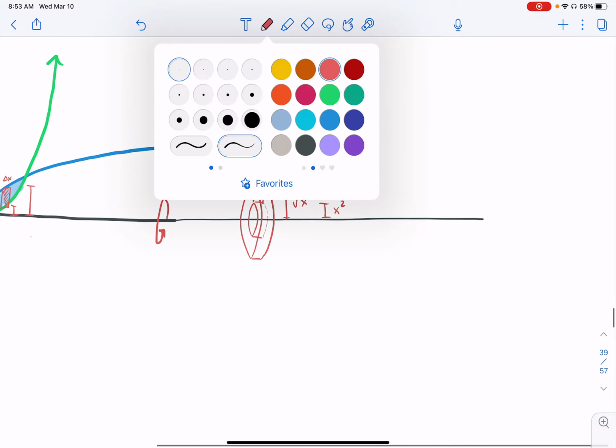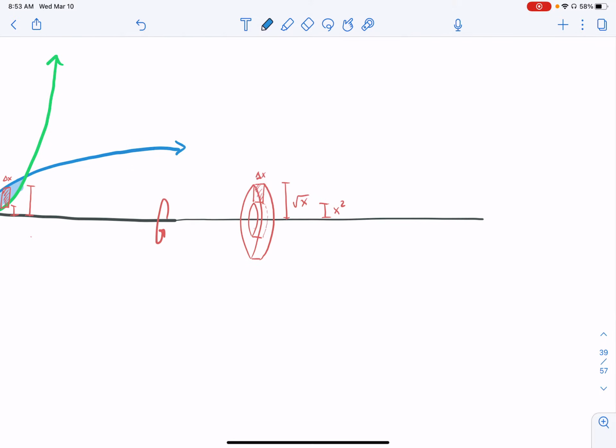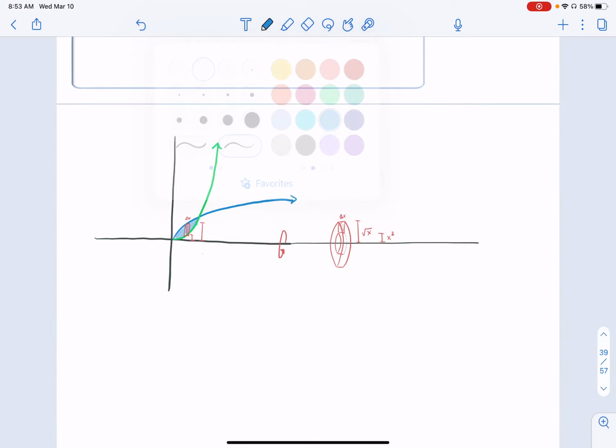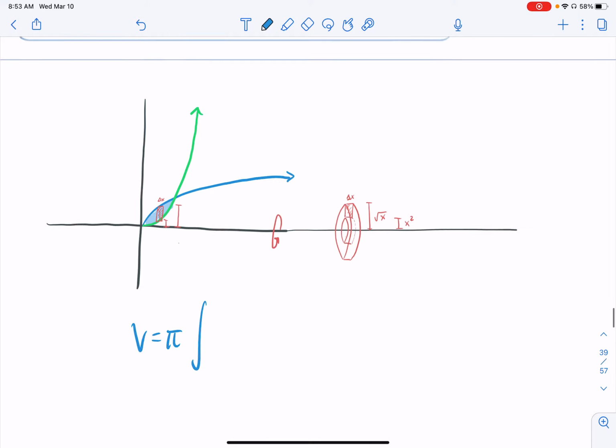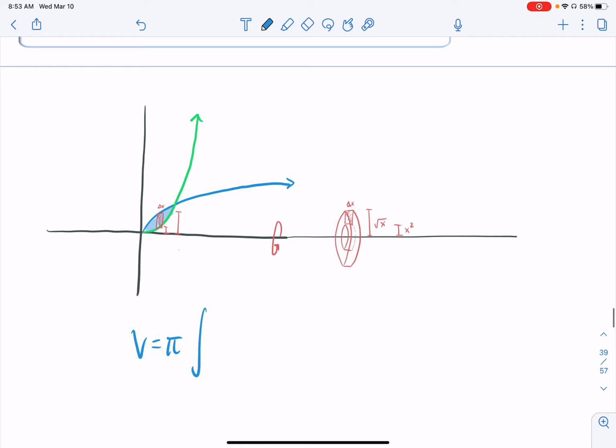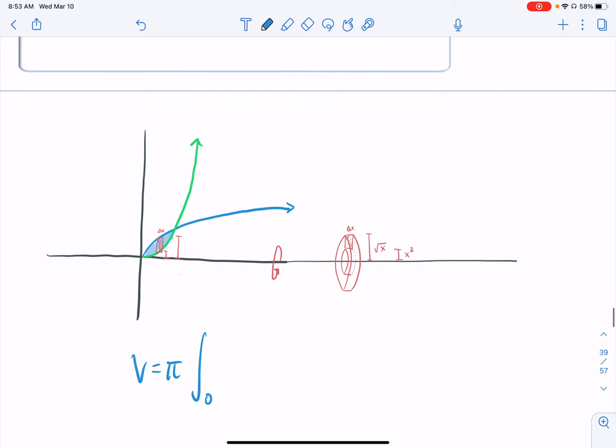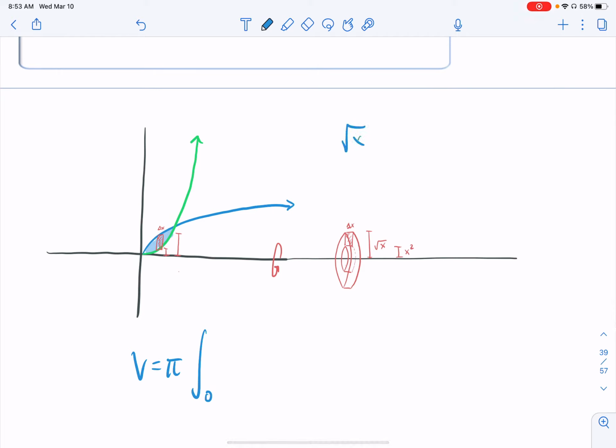All right, I think we are ready. We have all the stuff that we need in order to find the volume of this. Volume should still be equal to pi times a definite integral from, well, I know 0 is one of them, and then I have to set these equations equal to each other in order to solve. I already know it's 1, but I'll just go through the motions.